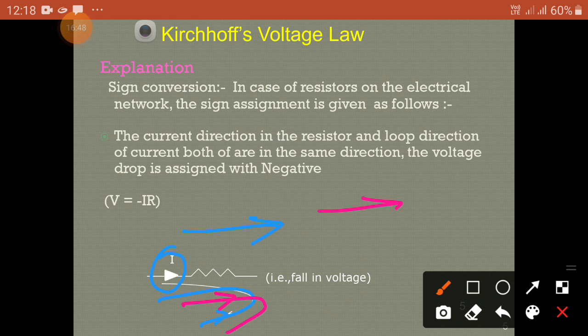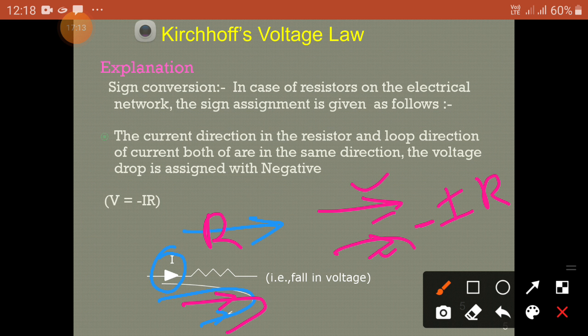Both are in this direction: the current in the resistor and the assumed loop current. So we have to take its value. For example, this is a resistor R. What is the drop? Drop is equal to I into R. But since the current direction and loop direction are the same, instead of IR you have to take minus IR.